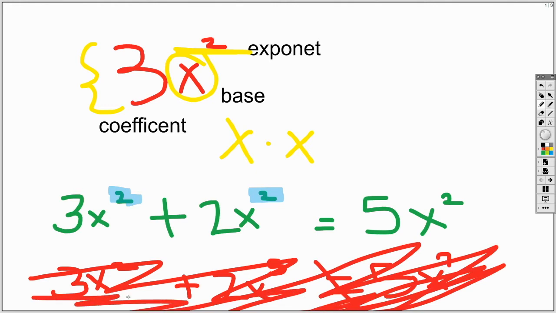It's not true. But this is true. So basically, in adding exponents, you actually don't add the exponents. You simply just add the coefficients and then keep your exponents the same.